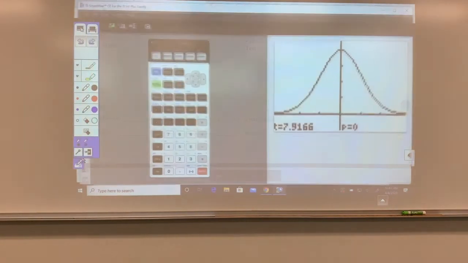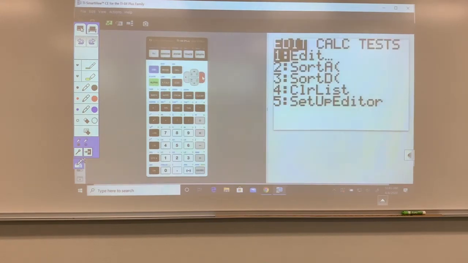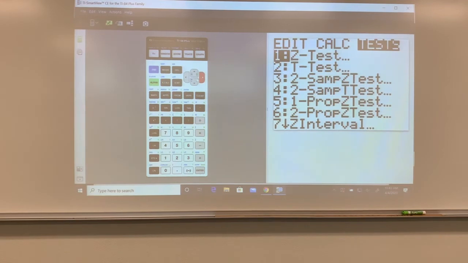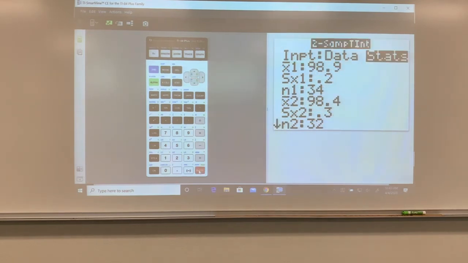So on the calculator, I'm going to go stat, tests, and I'm going to go to 2 sample t interval, because this is a mean. And of course they're in there because the calculator knows the relationship between a 2 sample t interval and a 2 sample t test.